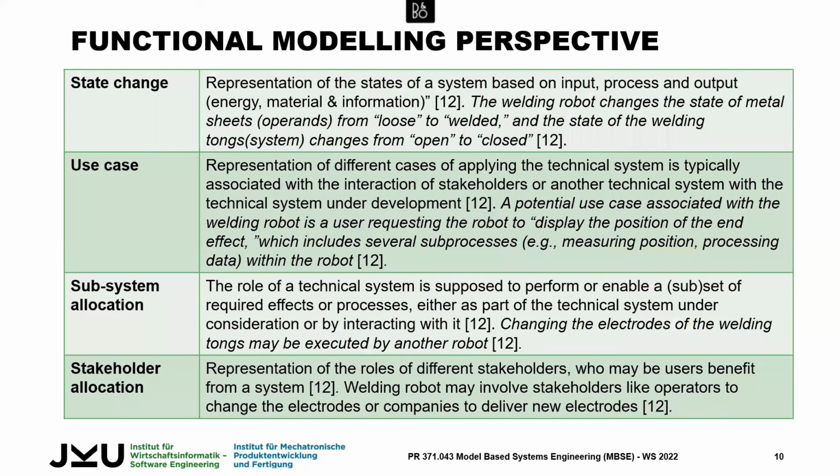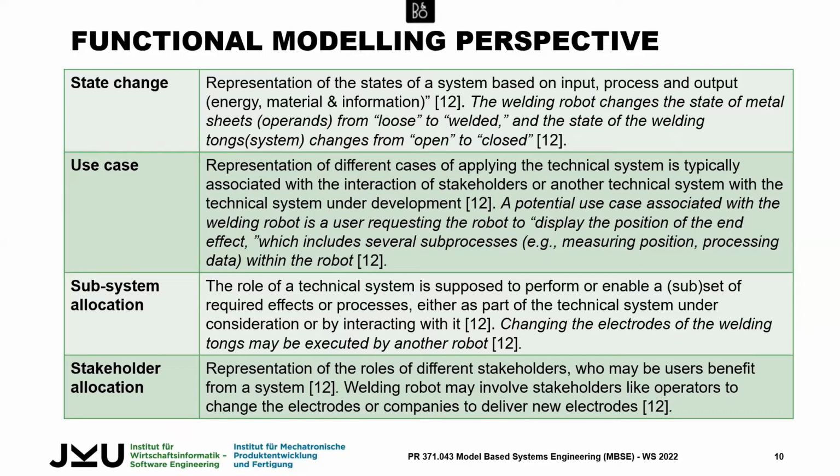Okay. So, the functional modeling perspective. When we are designing a function, we're supposed to consider that the function has a state, and the state is changing. There is some explanation I gave from a book.